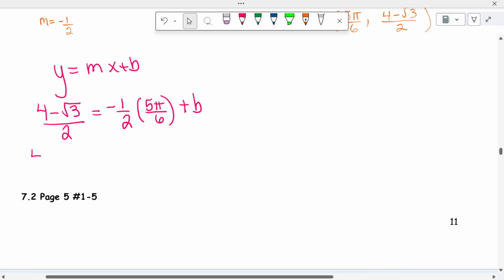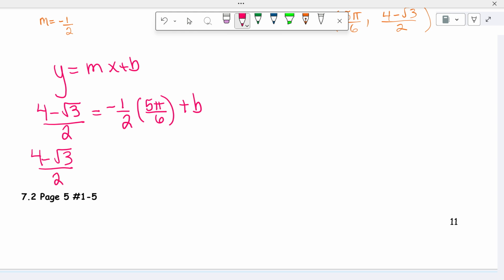So then I have 4 minus root 3 all over 2 equals negative 5 pi over 12 plus b.